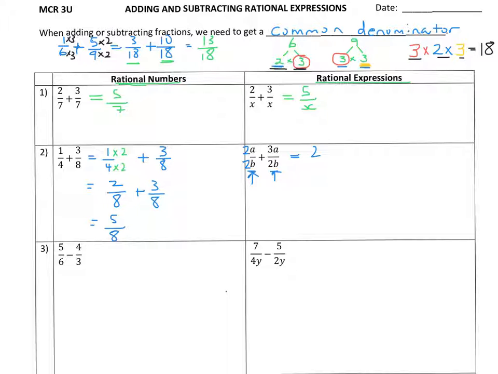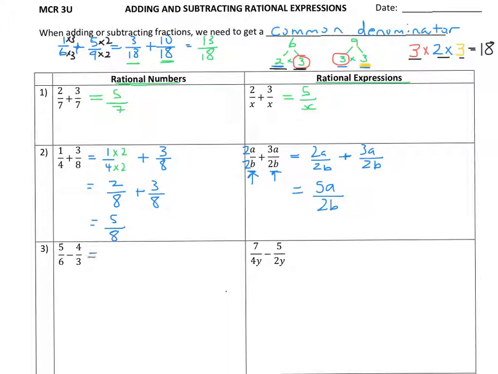So we end up with 2a over 2b, and we're adding 3a over 2b. So my denominators are the same, they're both 2b's. The rule is you just add the numerators. So if I have 2a's and I add 3a's, altogether that's 5a's over the 2b. The denominator stays the same. All right, try the next pair and see if you can work through that. Put the video on pause, and then you can check.